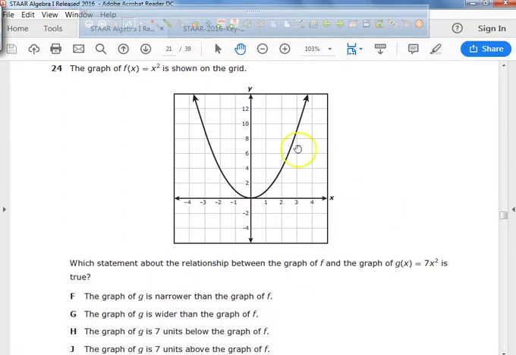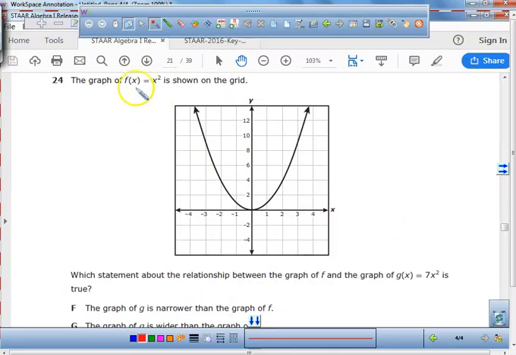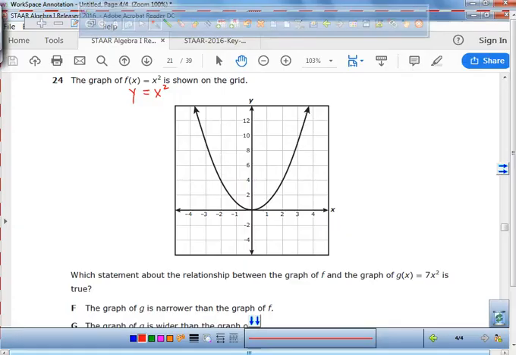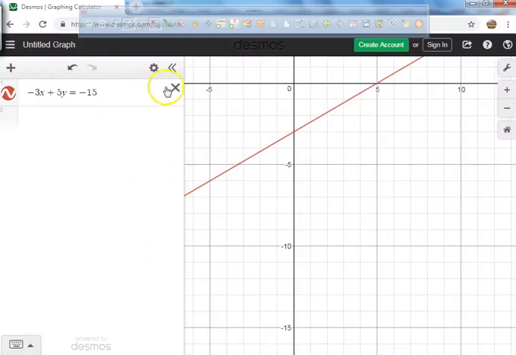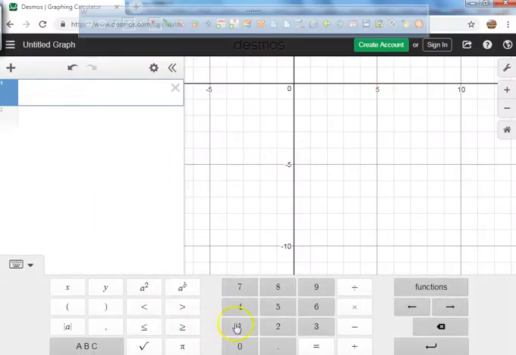All right, so here we go. By the way, what is this graph right here? It says f of x. Anytime you see f of x, I want you to know it just means y equals x squared. So could you guys in Desmos right now just go ahead and type that in? Type in y equals x squared. And then you look at it.